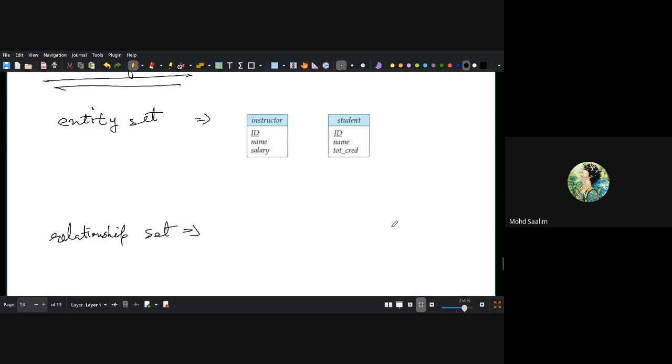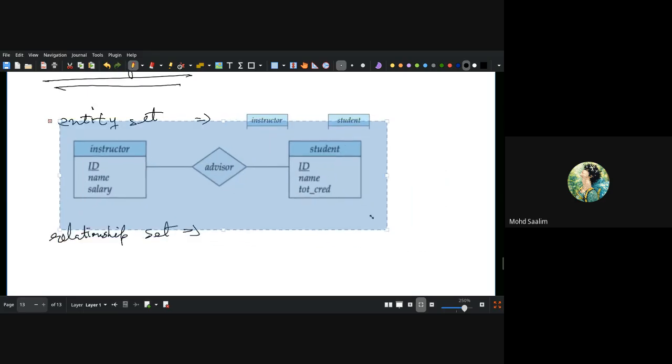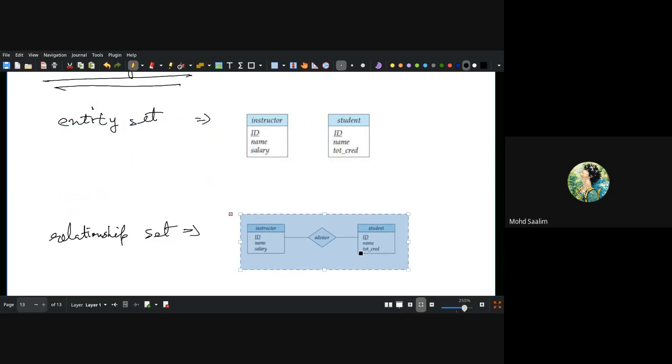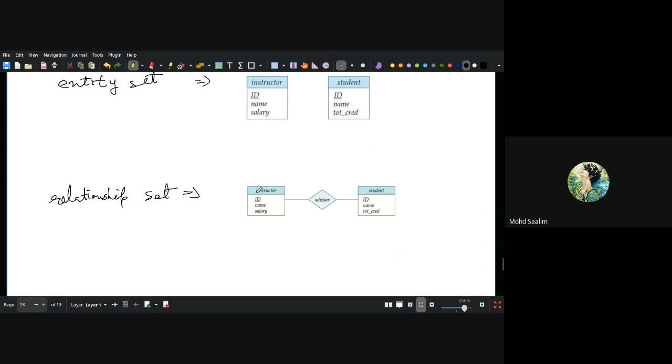And then if you want to show the relationship set, it will be shown something like this. Between instructor and student, there is a relationship called advisor. Then it will be shown something like this. You have instructor, you have a student, and this diamond shape is a relationship set, and this is the name of this relationship set.